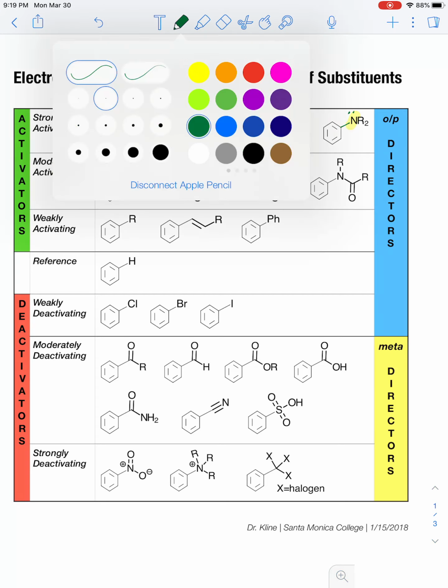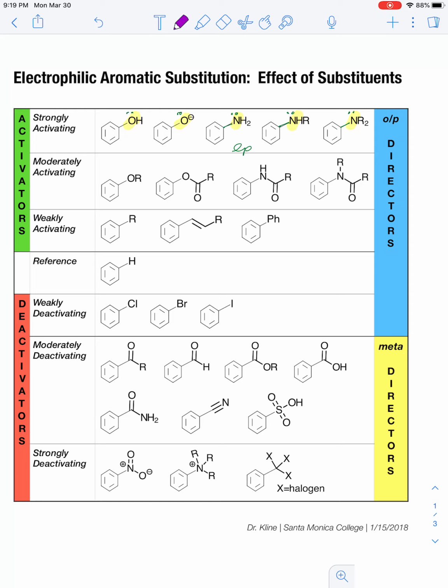If we compare that to the group of compounds that are moderately deactivating, let's leave that ether aside for the moment.